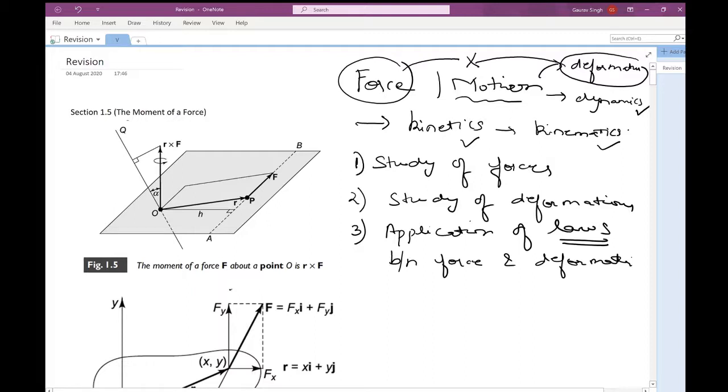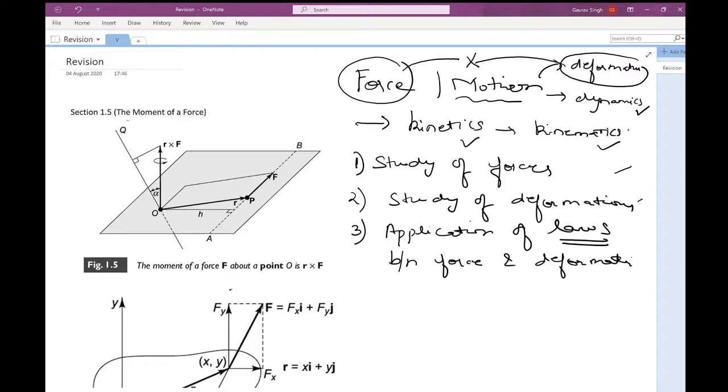Okay, so these are the 3 simple steps, and I would strongly recommend that you follow the methods which we are using over here, and then you can be creative and imaginative as the course progresses. Okay, so we'll always start with the study of forces first, study of deformations later, and then we'll relate them by a specific law which will tell the connection between the force and the deformation.